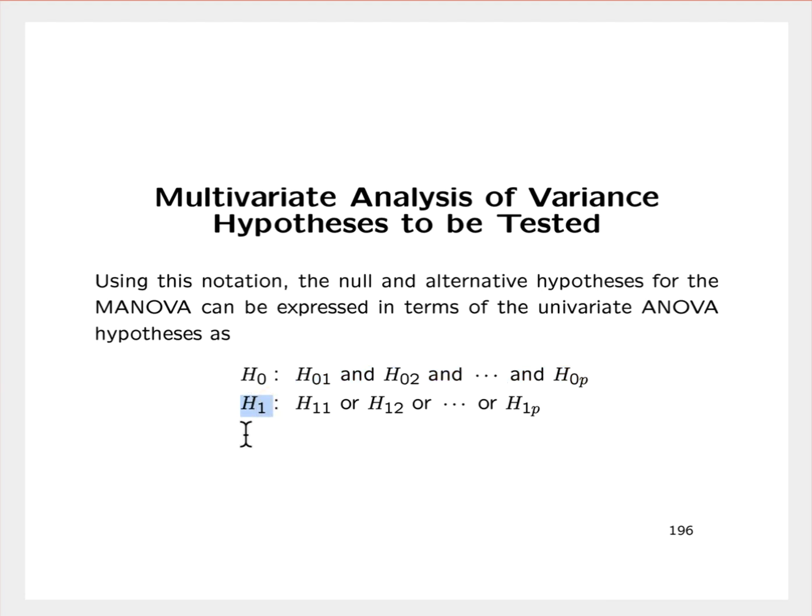This is the alternative hypothesis for, again, the MANOVA. It is the opposite of the null hypothesis, which is that at least one of the alternative hypotheses is true for the univariate analyses of variance. So, in other words, for at least one of the response variables, the alternative hypothesis of the ANOVA for that response variable is true. So this is another way that we can represent the null and alternative hypotheses for the multivariate analysis of variance.